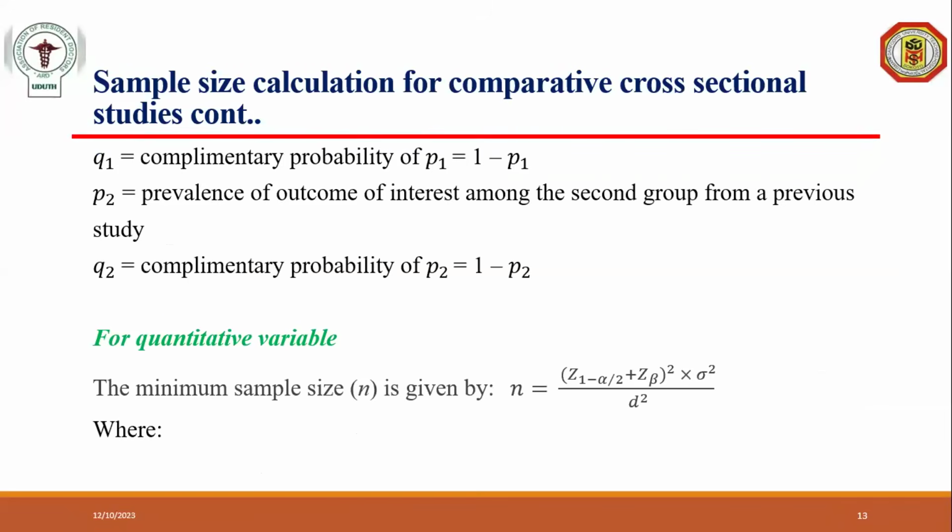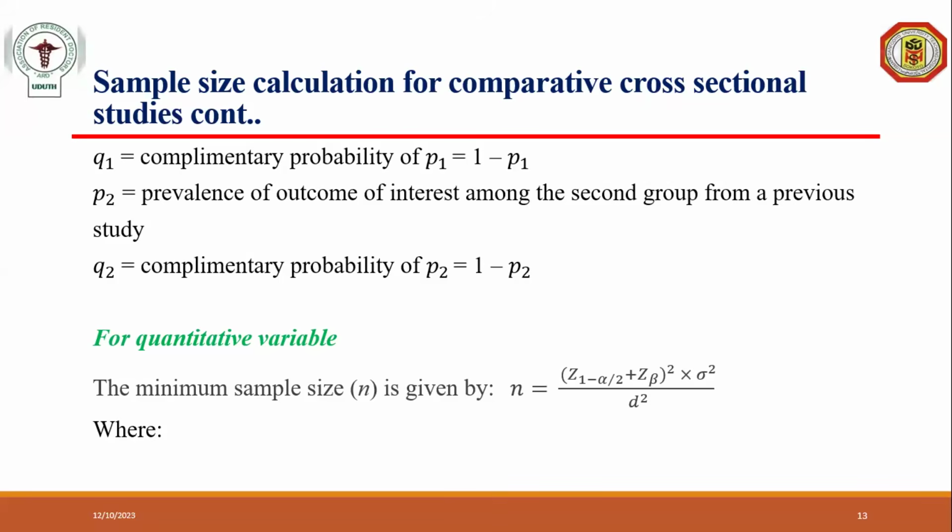For quantitative variable comparative cross-sectional, we said N is equal to (Z alpha plus Z beta) squared times lambda squared, that is standard deviation squared, over D squared. We said Z alpha and Z beta are both constants. Z alpha is usually equal to 1.96. Z beta is 0.84. So there is no problem there.